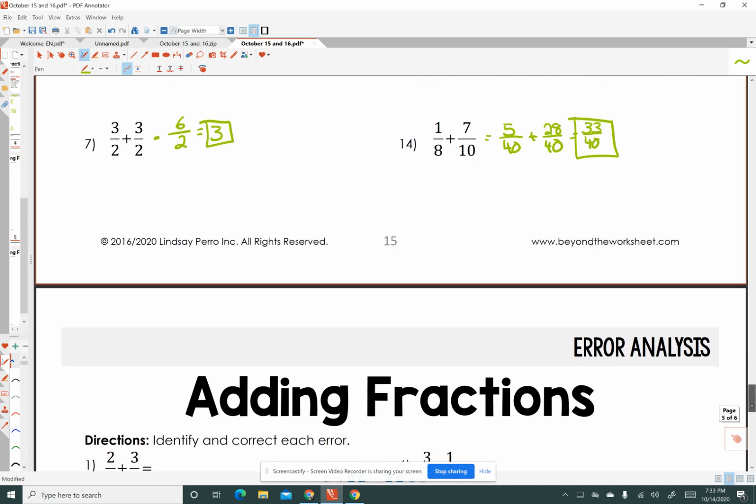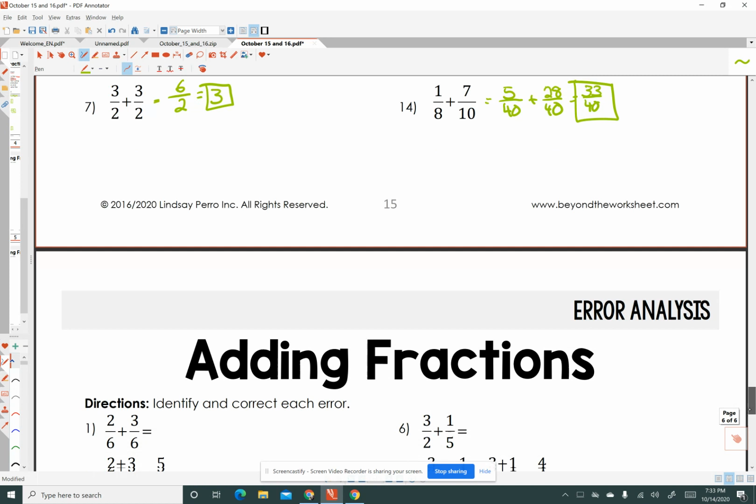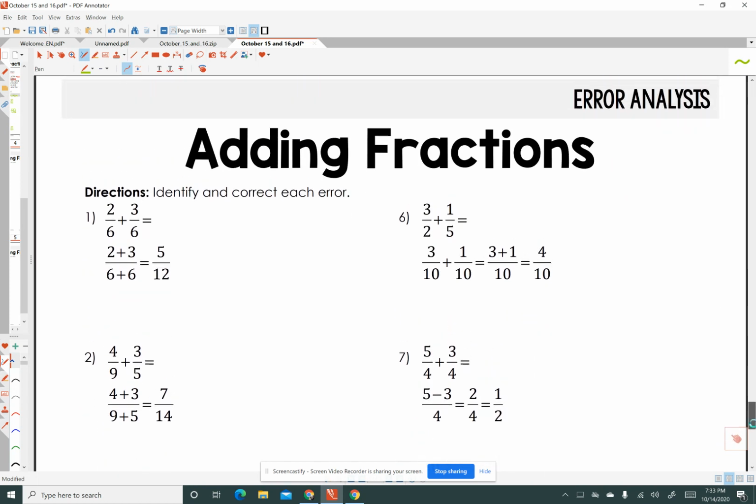So let's look at some of this error analysis, and you might want to save this for homework. The problem here in number 1 is they added the denominators. That's what they did wrong. Make sure you stop the video and try some of these on your own, please.